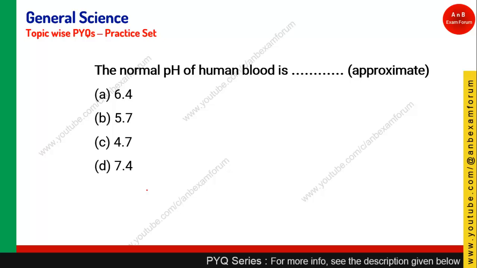What is alkaline? In chemistry we have seen the pH scale ranges from 0 to 14, and 7 is neutral. If you go to this side it becomes more acidic, and if you go toward this side it becomes more basic or alkaline.